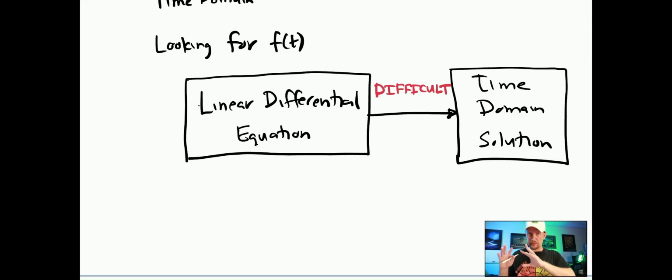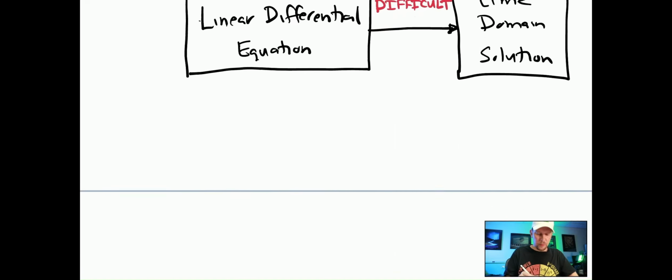So if you had some sort of generalized input that is driving your voltages and your currents, in general this is very complicated. So one of the things that we can end up doing is perform on the linear differential equation what we call a Laplace transform.